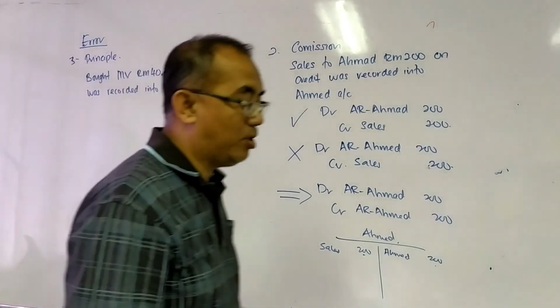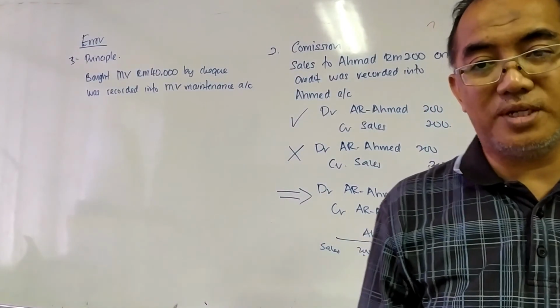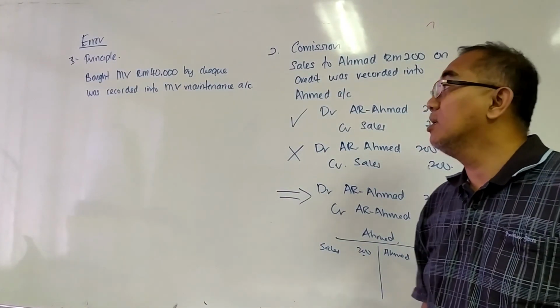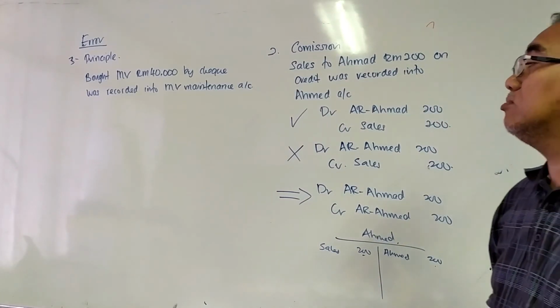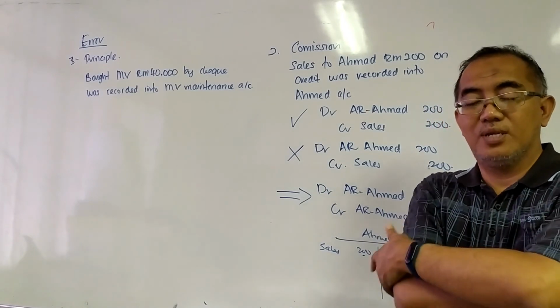You have bought 40,000 worth of motor vehicle, by check, and you record it into the motor vehicle maintenance account.